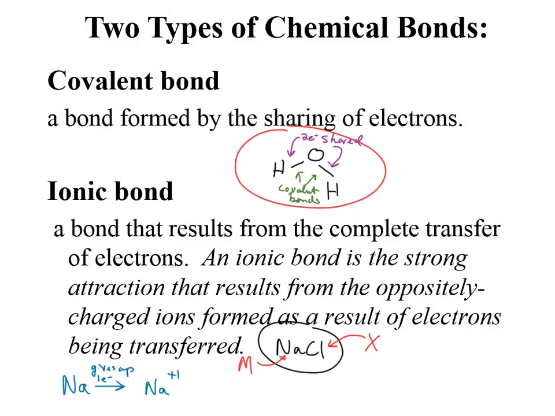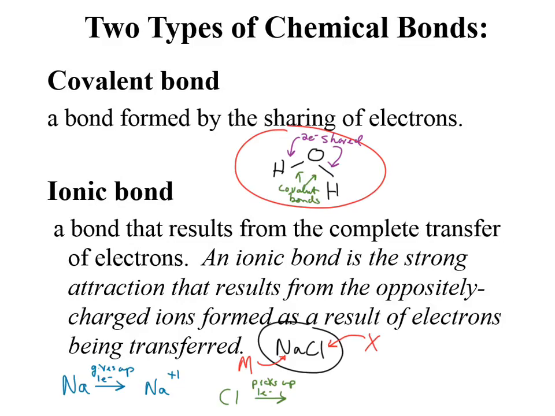Okay, so that's cool. And then let's look at chlorine. I'll put chlorine in green here. Chlorine will pick up 1 electron, which sodium conveniently gave up. Neutral chlorine has 17 protons, 17 electrons.